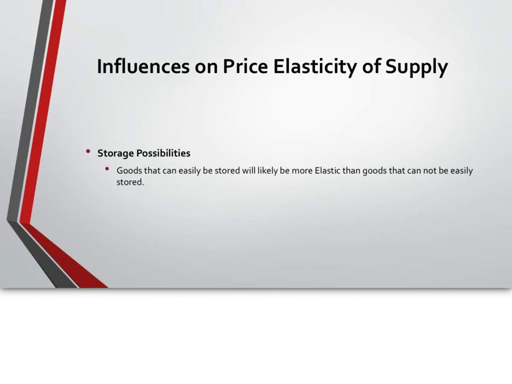I can put on the market what I had stored from a previous price cut when the price increases, and therefore I can react more quickly and be more elastic in the short term. So obviously storage possibilities is going to come back and affect the issue that we had with our time elapsed since the last price change.